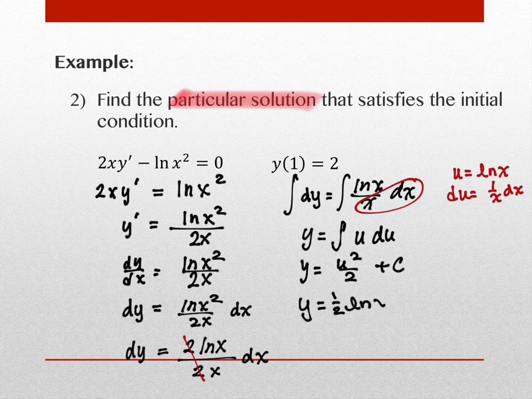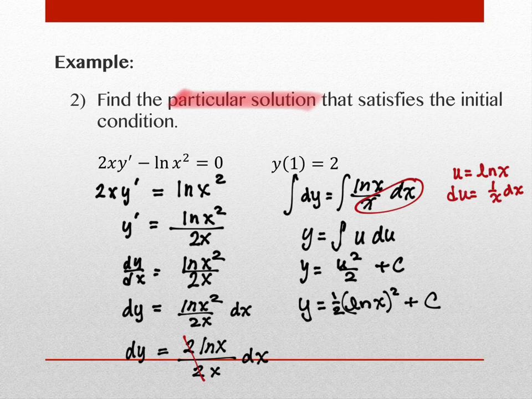Natural log of x, quantity squared, plus c. We can't move the 1/2 in front here, right? Because our whole natural log is squared. It's not just the natural log of x where x is squared. So I can't simplify the expression. It really is in its simplest form.